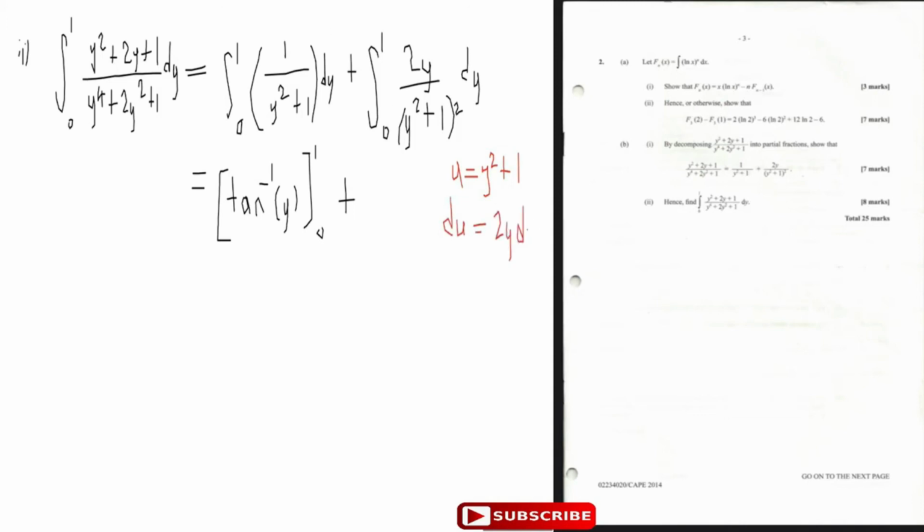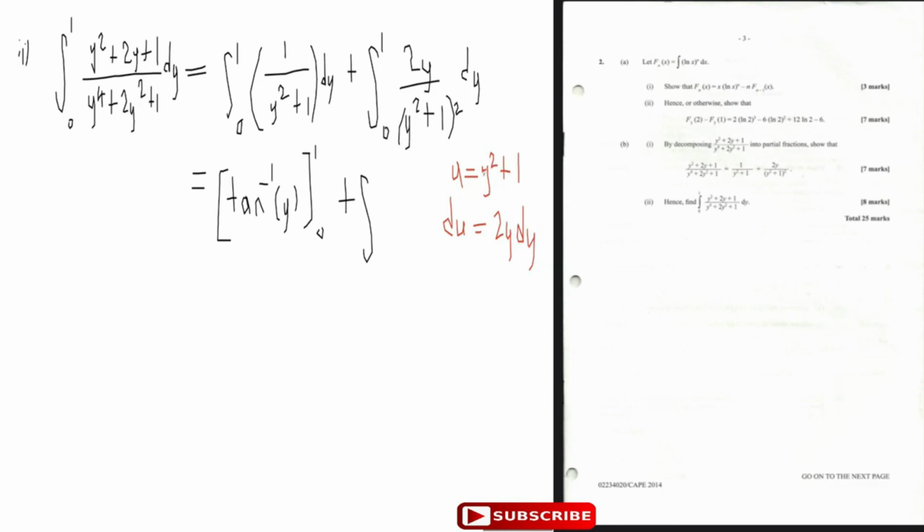So I'm going to rewrite this as the integral from 0 to 1 of 1, and then I have to change the limits of the integral because u is y squared plus 1.